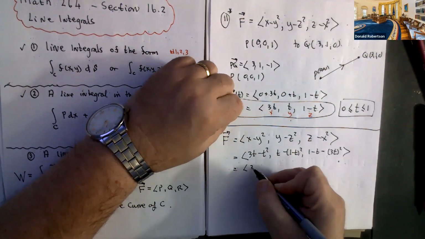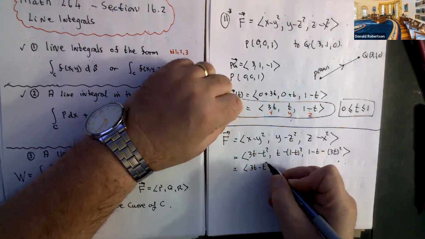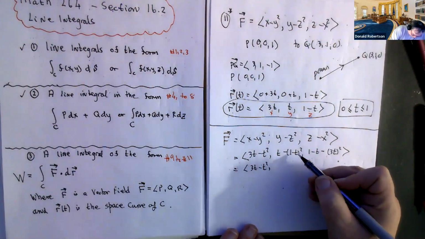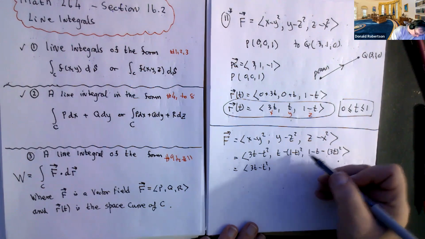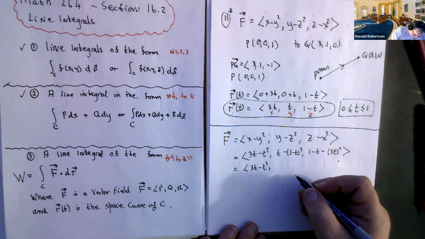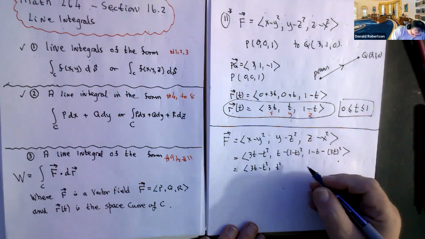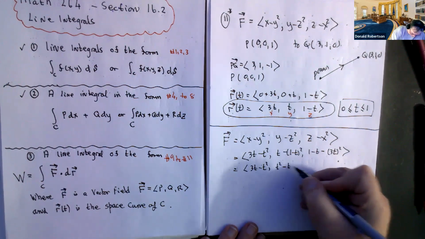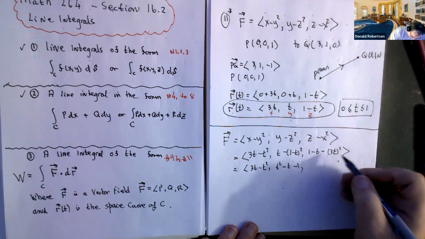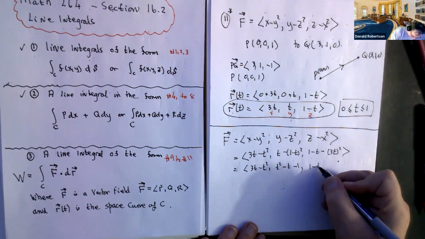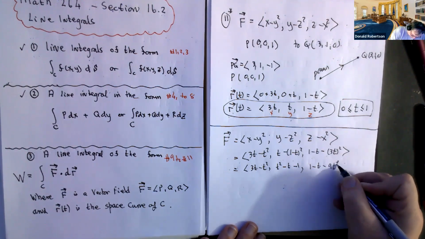So it's going to be 3t take away t squared. If you FOIL that out, you're going to get 1 minus 2t plus t squared, then you subtract everybody. So you're going to get a t squared, a minus t, a minus 1. Hopefully that's right. And this one is going to give me 1 take away t, take away 9t squared.